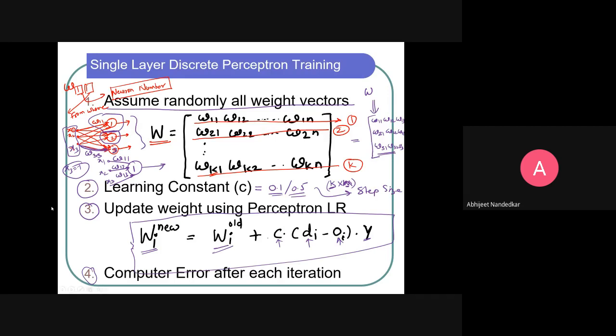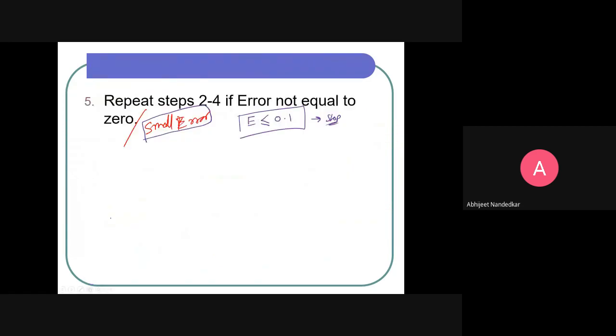Now here, weight updation is the main thing. How do I update the weight? The formula is given to you, but which neuron's weight are you going to update? Now the key thing is you will update the weight of a neuron whose output is not equal to the desired response.